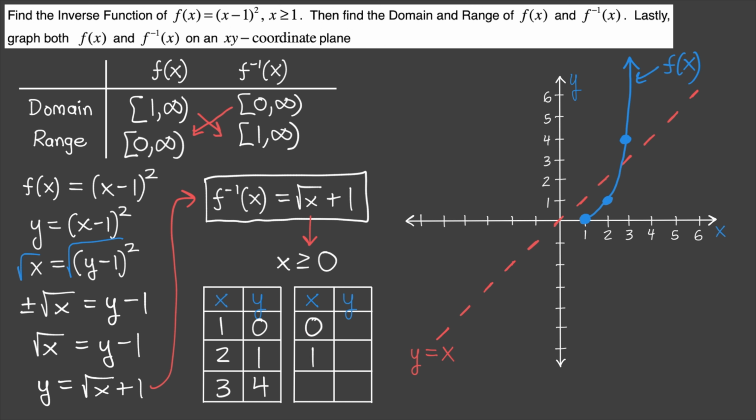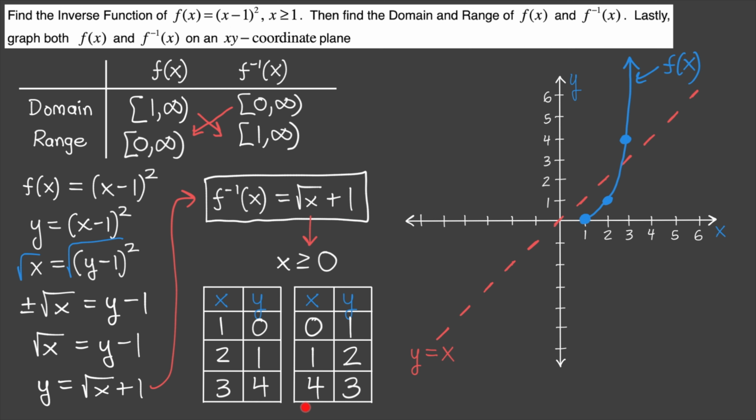That way we get nice numbers. So if I plug in 0, I'll get 0. Square root of 0 is 0, plus 1 is 1. So we have 0, 1. And then 1, square root of 1 is 1, plus 1 is 2. And lastly, plug in 4. Square root of 4 is 2, plus 1 is 3.